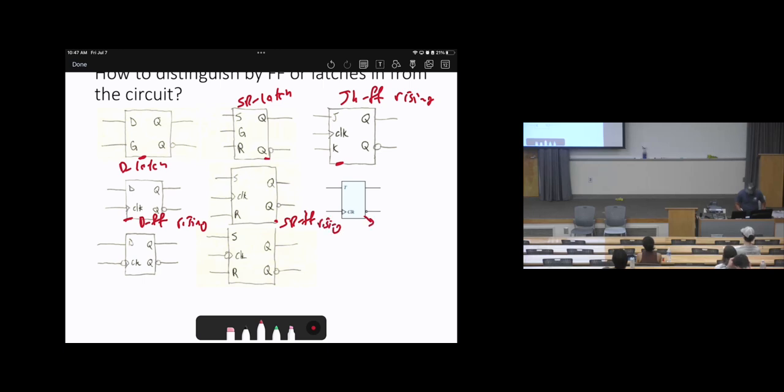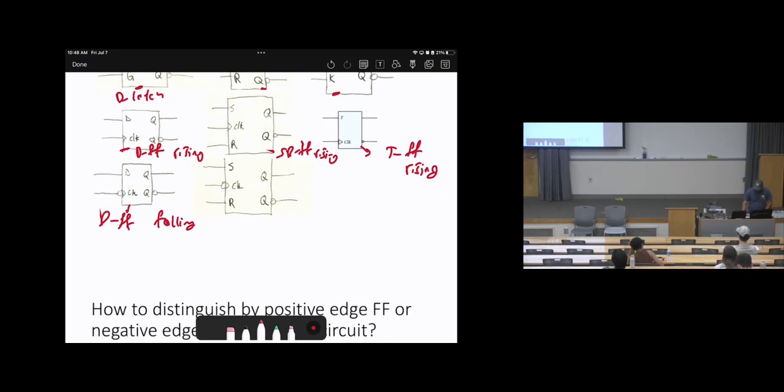How about this? T flip-flop. And is it rising or falling? Rising. How about this one? D flip-flop and falling edge, or negative edge. How about the last one? SR. Is it a latch or flip-flop? Flip-flop, and it is falling.